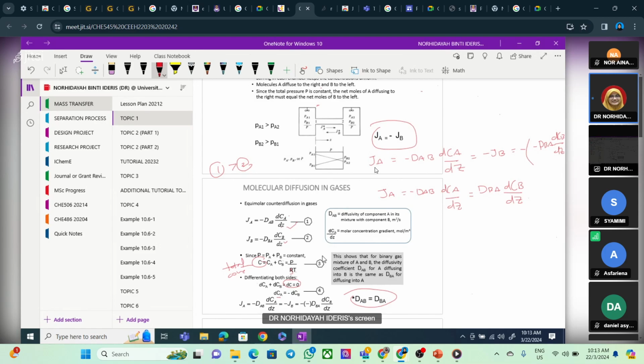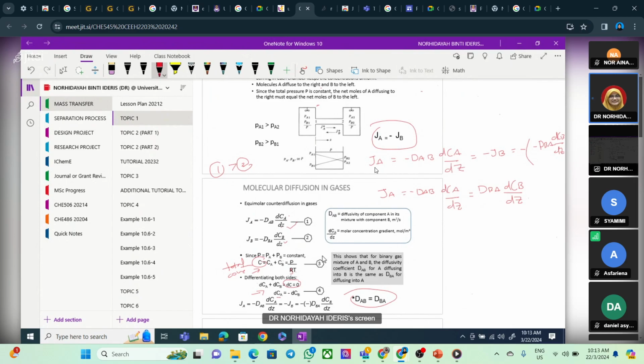So to show that DAB is equal to DBA, this is the part that perhaps the student might forget, and you cannot solve the rest otherwise. So this is how you prove that dCA is equal to negative dCB.